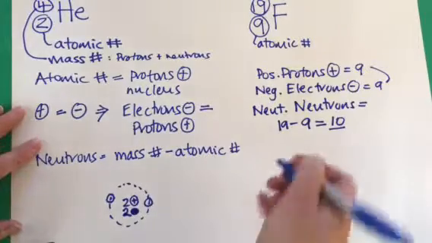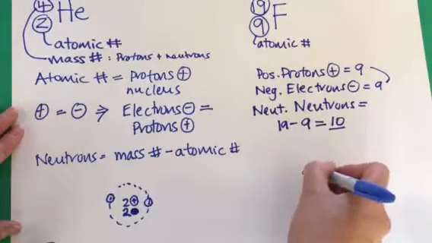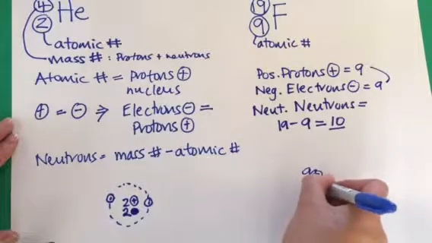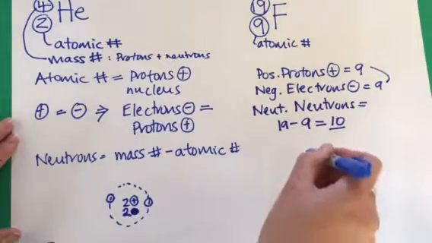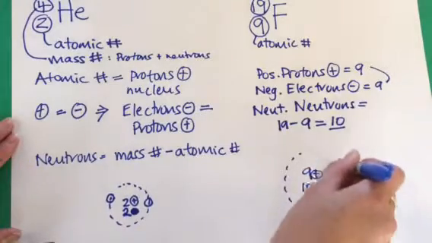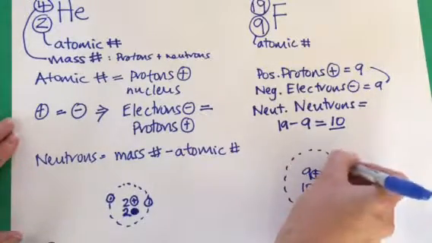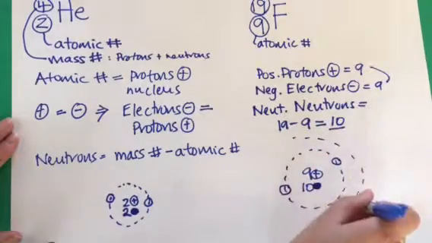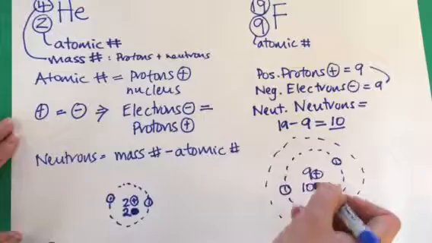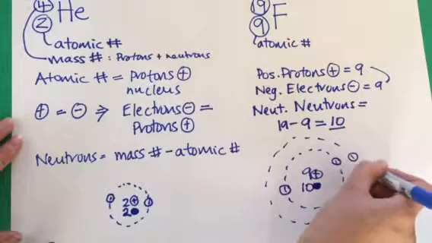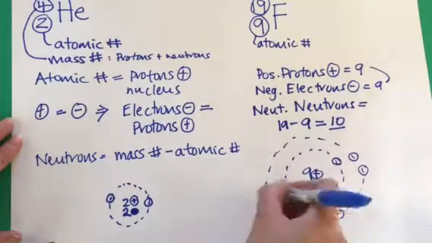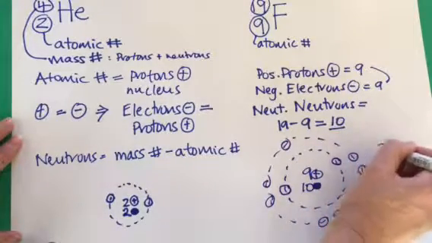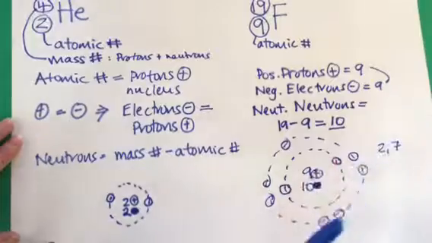Now in order to draw that, I would have 9 positive protons in the centre, 10 neutral neutrons in the centre, and then following the rules of the electron shells, I would have 2 electrons in the first shell, and then in the second shell I could have 7. 1, 2, 3, 4, 5, 6, 7. So my electron configuration here I would write as 2, 7.